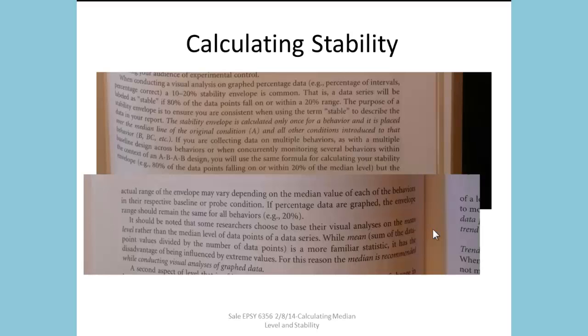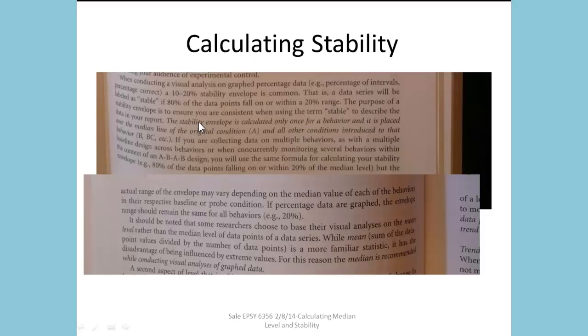Next, we have to calculate the stability, and you'll find that in Gast also. Usually, folks use a 10 to 20% stability envelope. For our purposes, we're going to use, throughout this course, a 20% range, or 20% stability envelope.